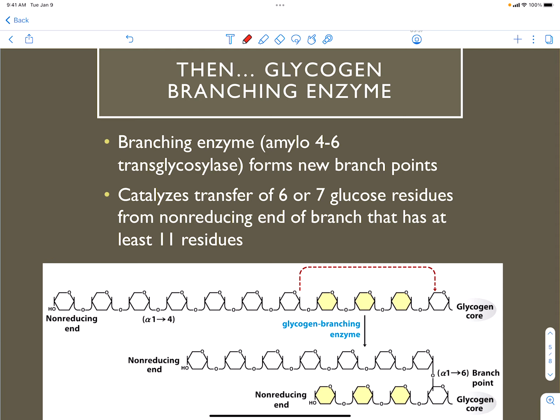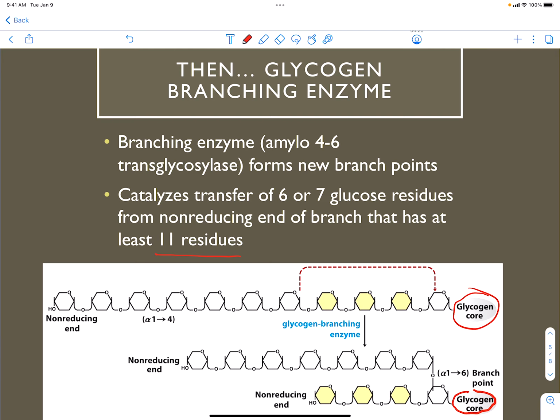So here you have your glycogen core, as your book calls it here, and it's this long string of glucose. And then when you get about 11 residues, you're going to transfer 6 to 7 of the glucose residues and form a branch. And so you can see here they've color-coded it. So here's our glycogen core, which contains glycogenin.